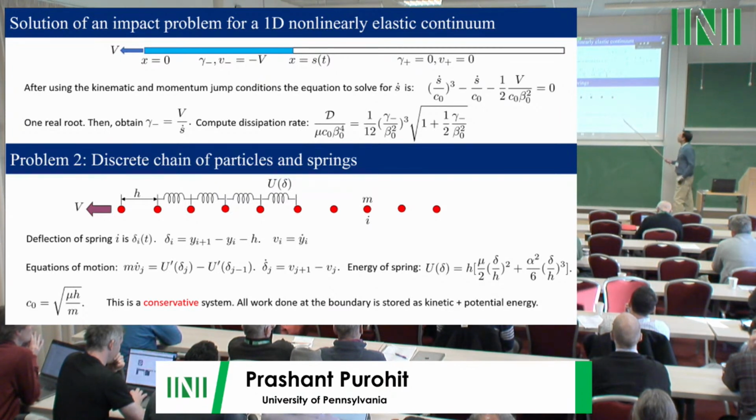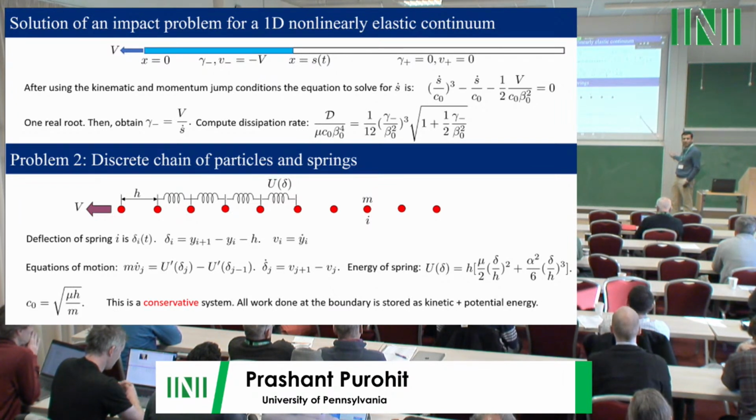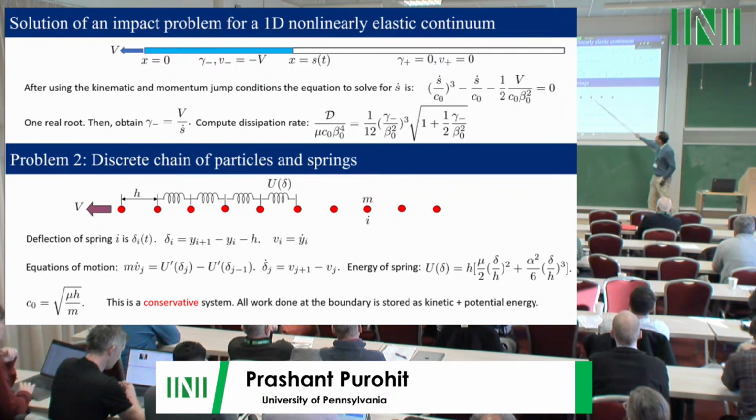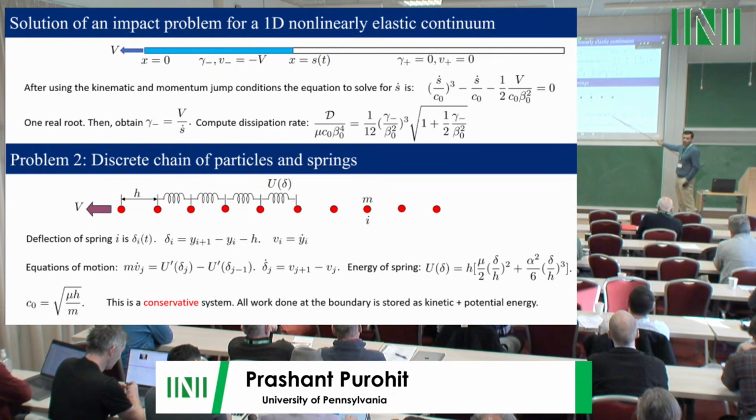The constitutive law of the spring, the energy stored in the spring, is given by that expression. You can see that it is directly connected to the constitutive law that I used before for the continuum, except I'm writing it in a discrete form now. Delta is the extension of a particular spring. H is the original distance between the two masses. And this is the energy stored in the spring. It has got a cubic term, and it has got a quadratic term just like before.